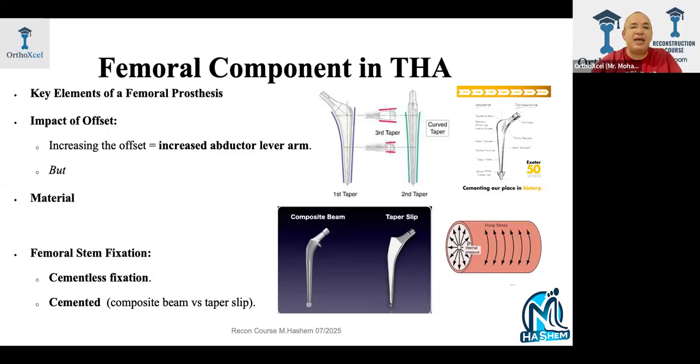The other way around, if I'm doing a cemented fixation, my aim is to reduce the stresses between the stem and the cement and between the cement and the bone. So I'll be using a very rigid material, and the commonest we're using are either stainless steel or cobalt chrome. So the material will be decided depending on what way of fixation I'm going to use. If I'm going cementless, I'm using a material which is near to the bone in Young's modulus of elasticity, so it will not take all the load away from the bone.